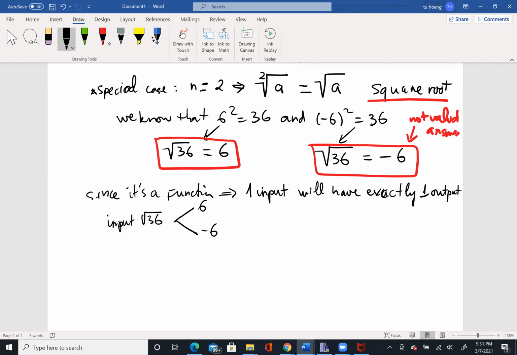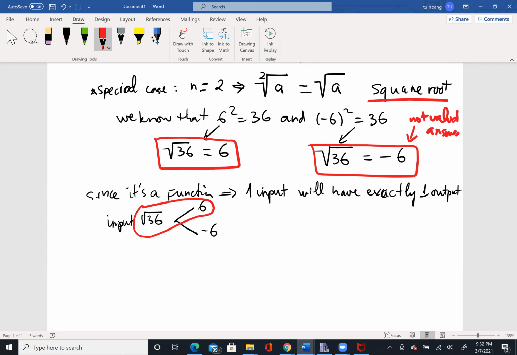So this is not a function, right? How can we call this a radical function? So I'm just going to accept the answer, square root of 36 equal to 6 only. Okay.